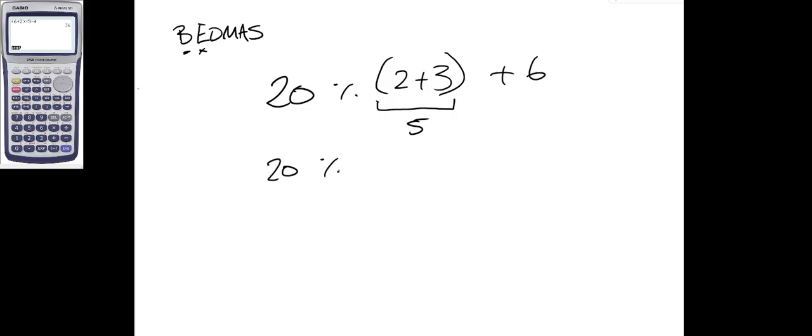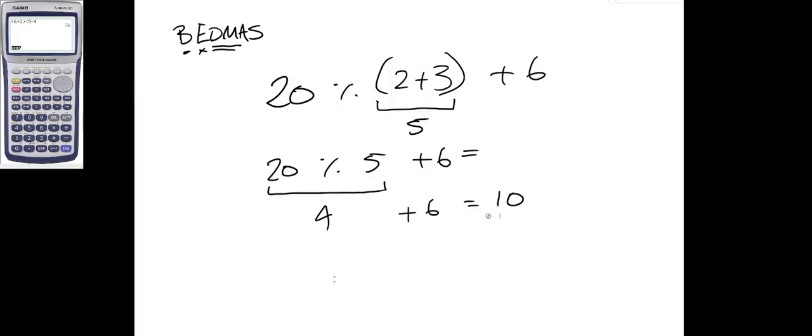20 divided by 5 plus 6 equals, now which one do we do next? Well, D and M are next, so we're going to do this division next. 20 divided by 5 is, of course, 4. We carry down 6. 4 plus 6, really shouldn't need a calculator, that's 10.